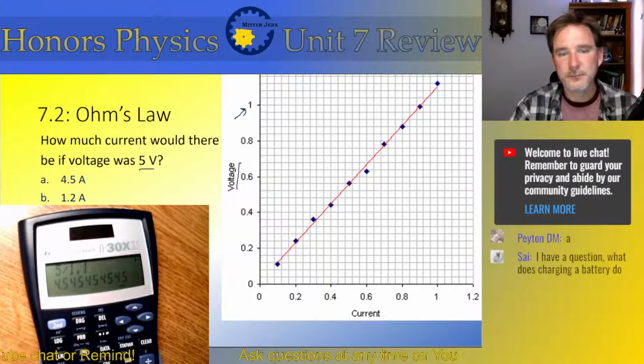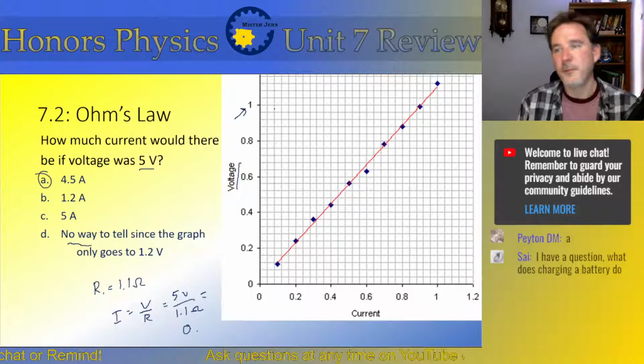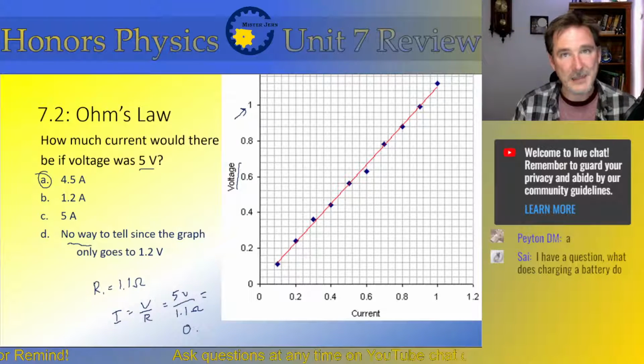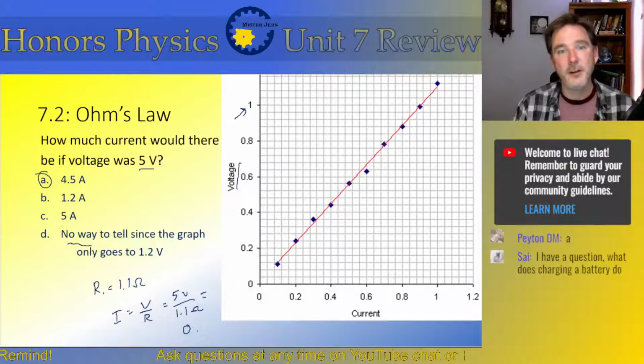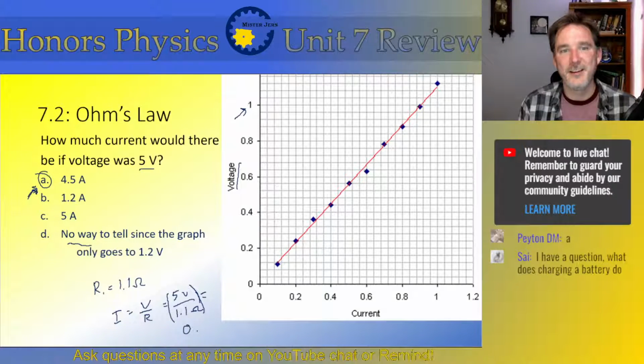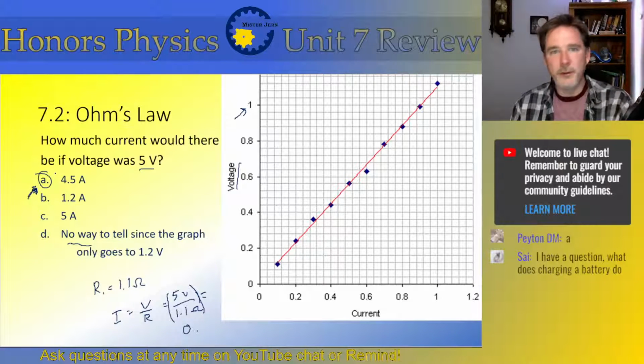So yeah, the answer is A. That right there is an example of why to not rush through problems. I'm like, whoa, 5 divided by 1 is 5, so it must be pretty close. Yeah, it was kind of close, but it was closer to this choice than my other choice. So take your time, do everything right.